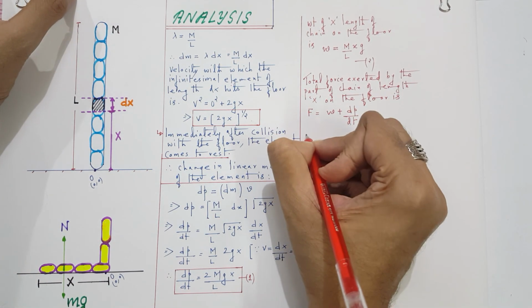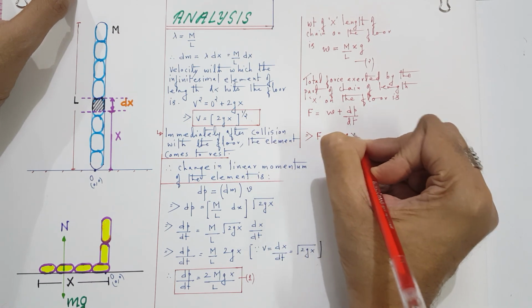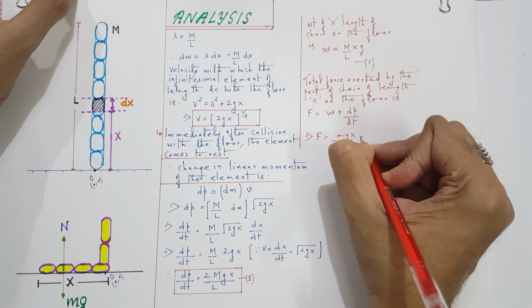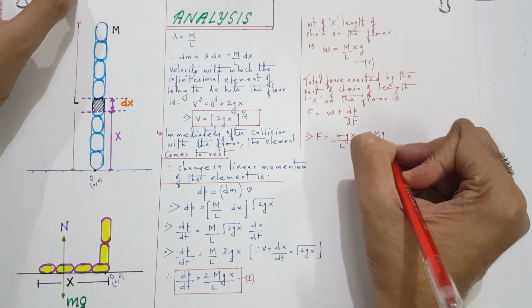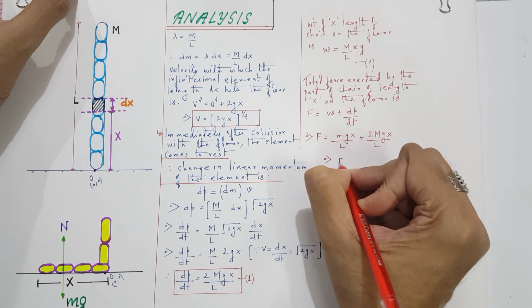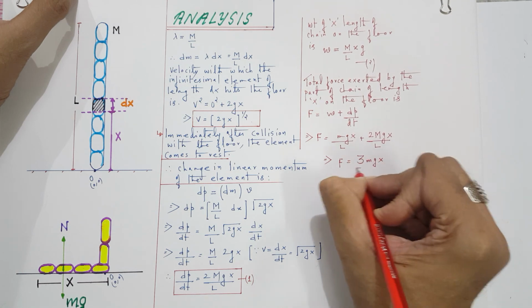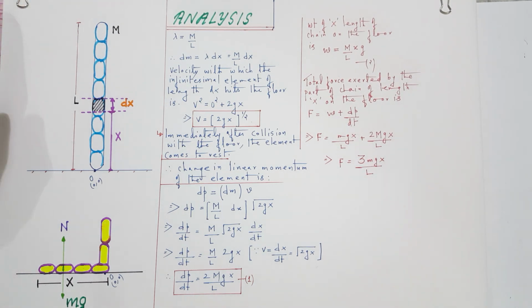And what is that? F equals Mgx by L plus 2Mgx by L. So F equals 3Mgx by L, and that will be your answer.